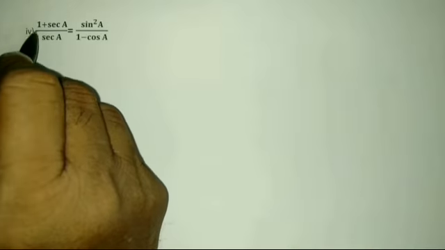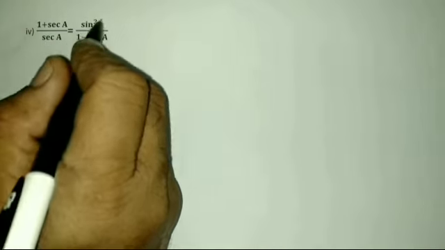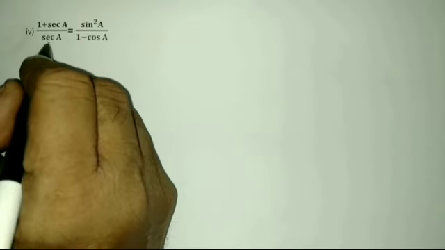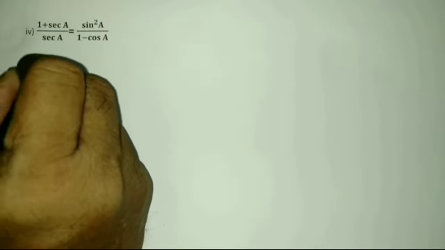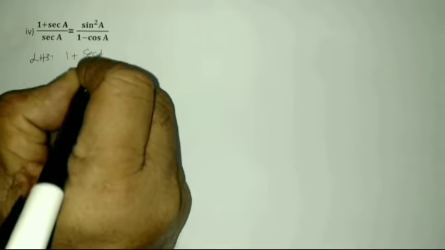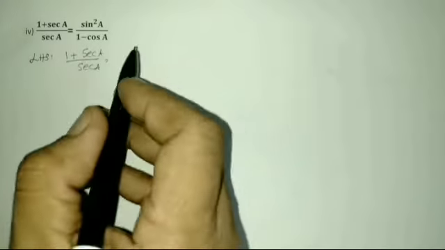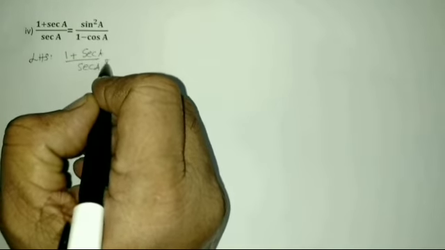Fourth problem. Prove that 1 plus secant a by secant a equal to sin square a by 1 minus cos a. So you have to prove that 1 plus secant a by secant a equal to sin square a by 1 minus cos a. Now we take the left hand side. 1 plus secant a by secant a. We know that secant a can be written in terms of cos a as 1 by cos a.